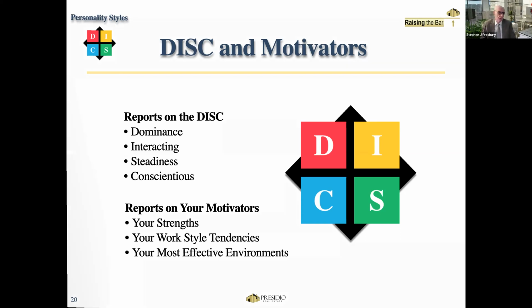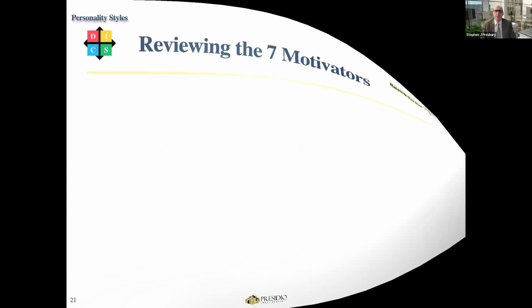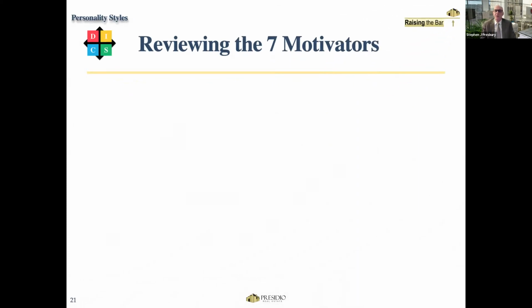I'll show you how it looks in a moment. But it's a very simple way in which these programs have figured out how to find out what type of DISC personality you are. And I would say it's probably 80–90% right most of the time. It might not be 100% right.